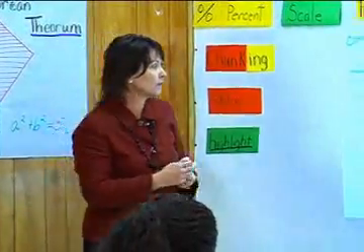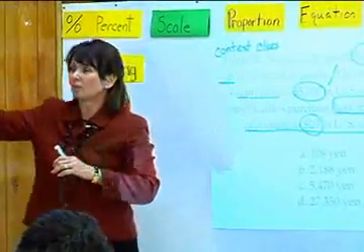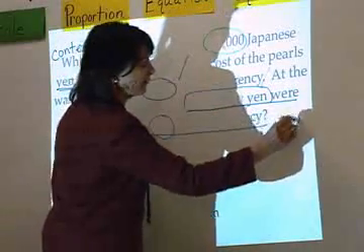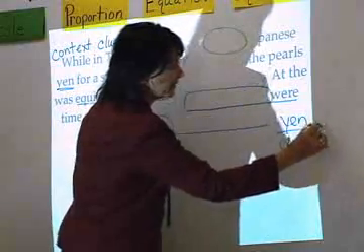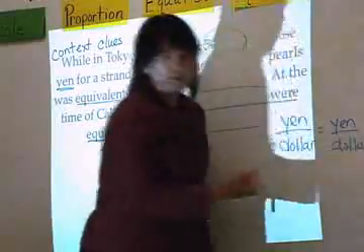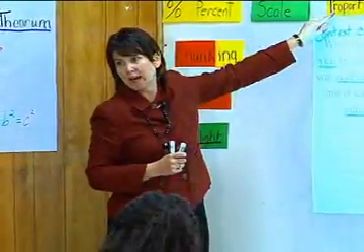When you do a proportion, you're comparing one thing to another, as one thing is to the other. So I'm going to use my math skills now. Yen is to dollar as yen is to dollar. We are using proportions now.